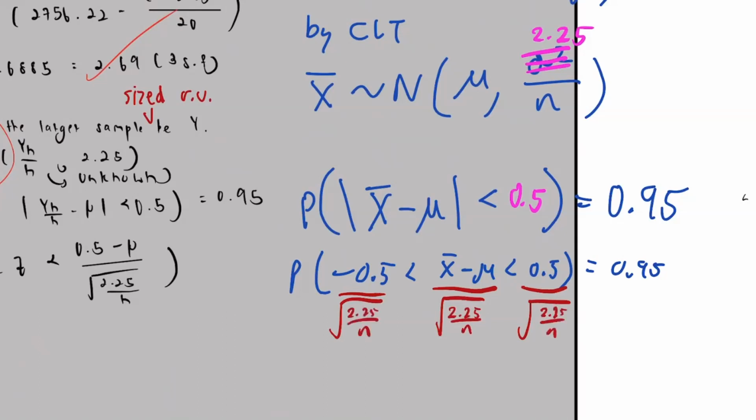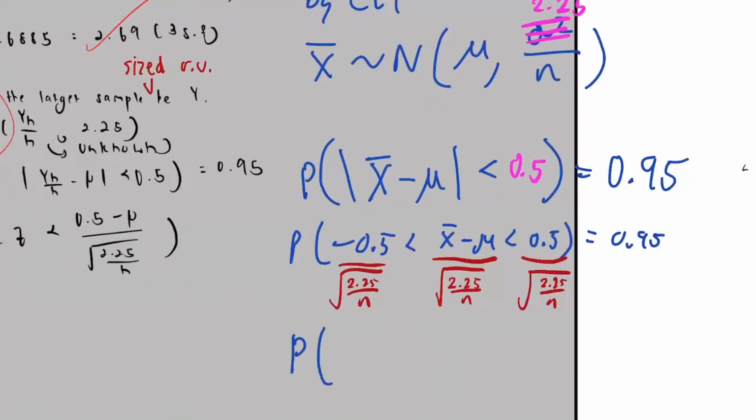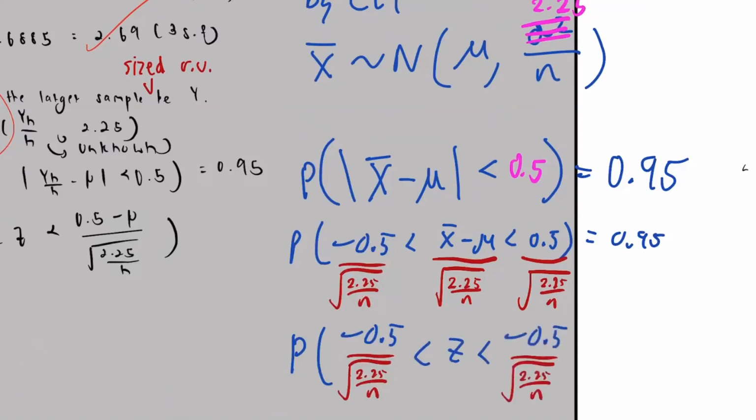What happens when you do that is the middle guy becomes a z. So we are left with P of the left half less than z less than the positive version of the left half. I'll just copy and paste it, but remove the minus. Equals 0.95. Standardization.